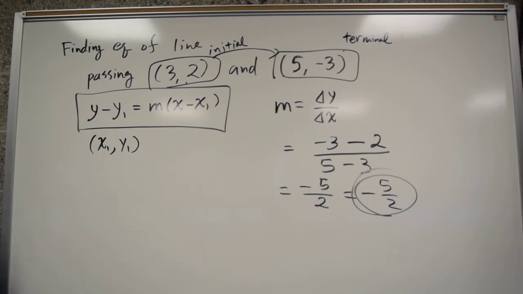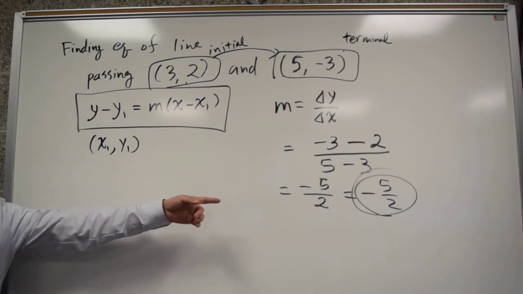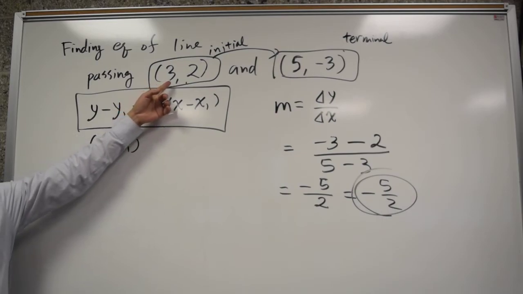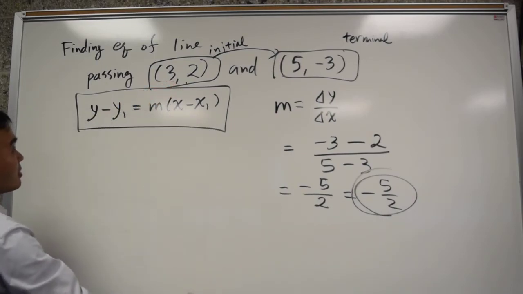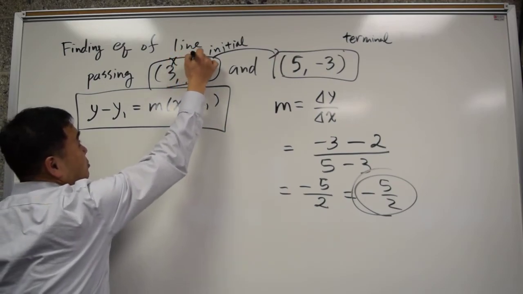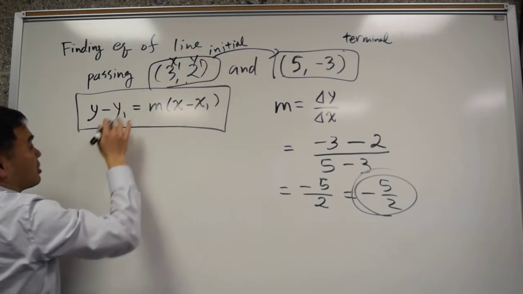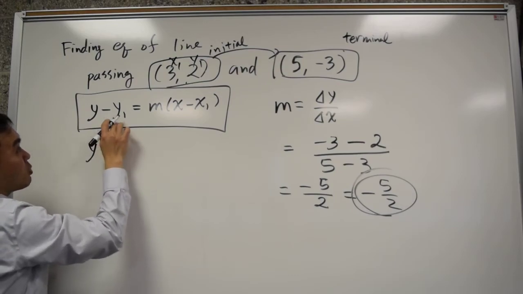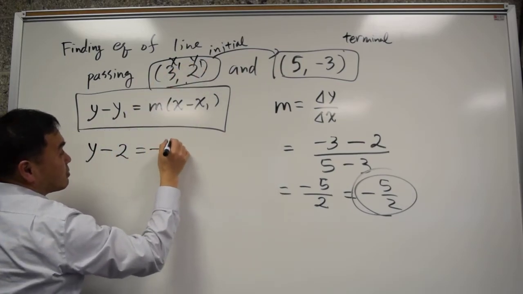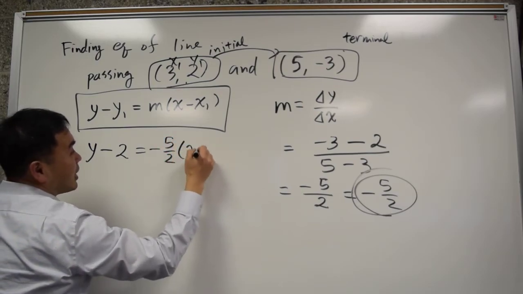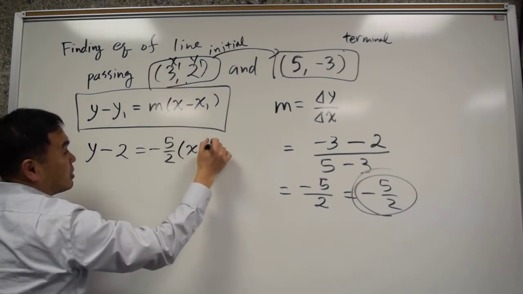So we're almost done. We found the slope. We know what point to plug in. Now what remains is just plugging them in. So remember, this is x, that's y, x1, y1. We plug it in here. So y minus y1, fetch this number here, put that here. m, we know it's negative 5 over 2. And then x minus 3.